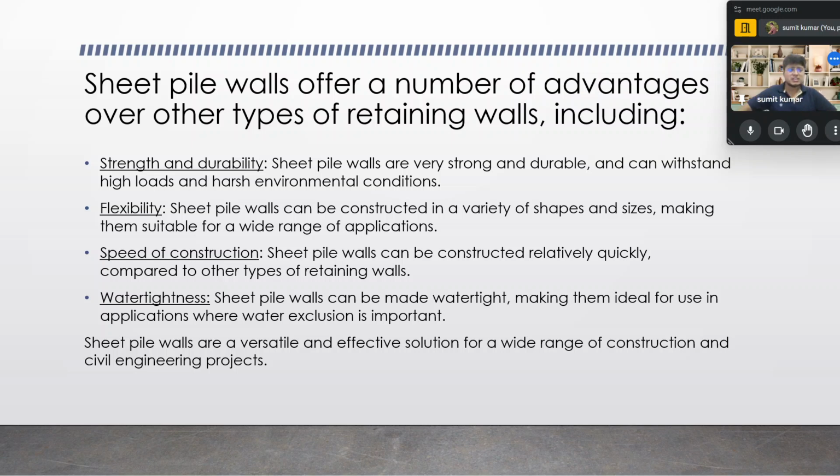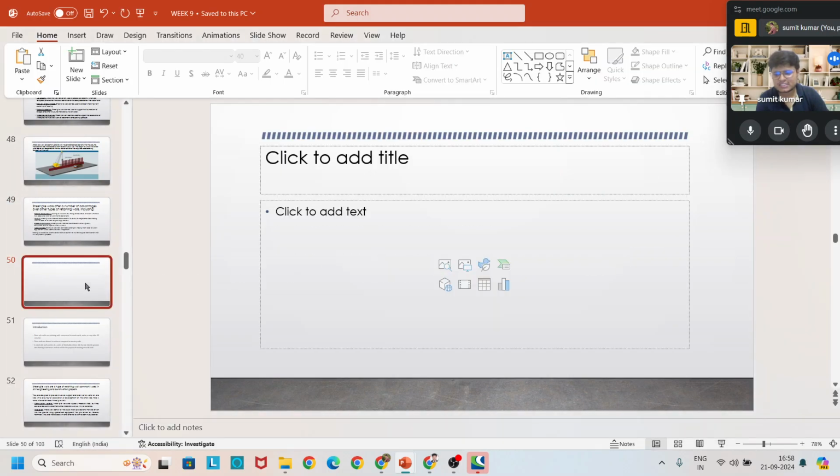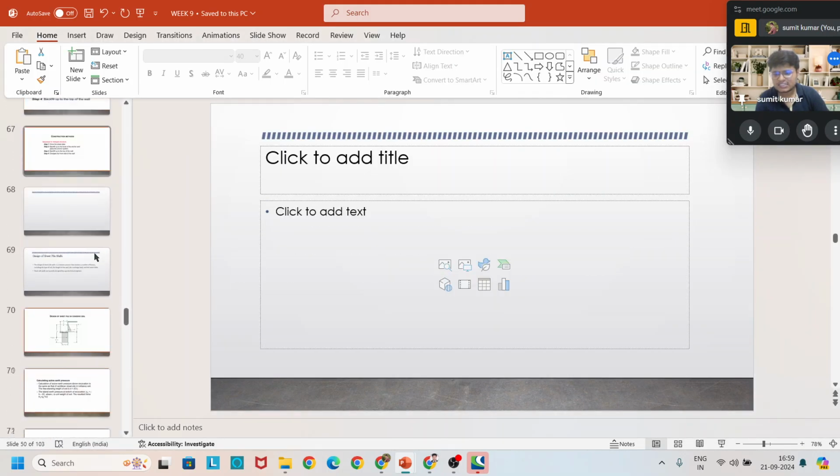Over there, if we apply sheet piles, this problem can be eliminated. So sheet piles are a versatile and effective solution for a wide range of construction in civil engineering projects. We will discuss these things in detail in the next class.